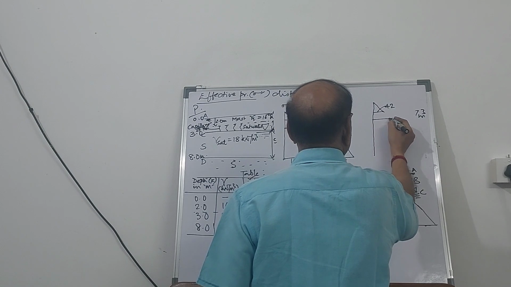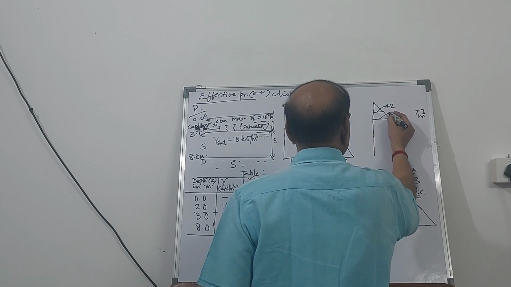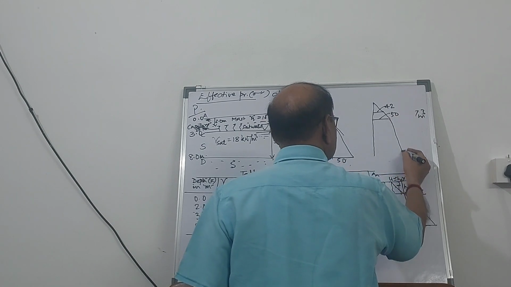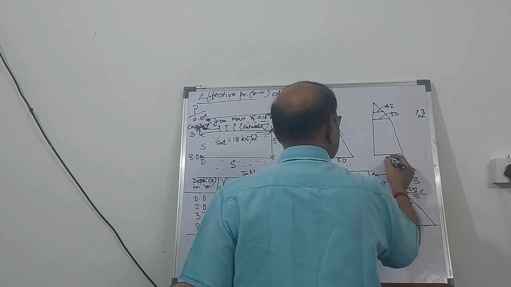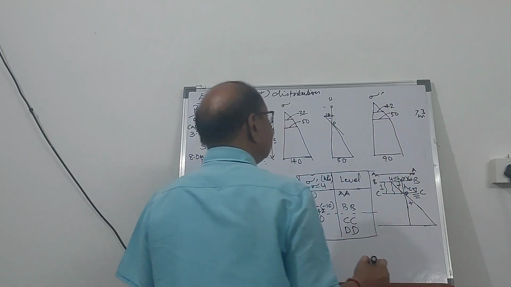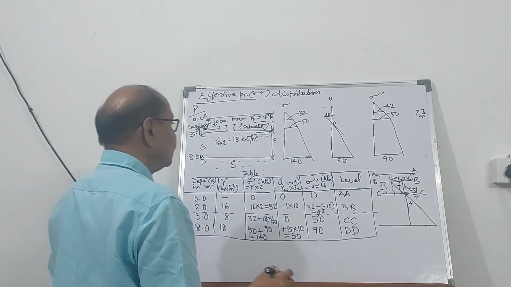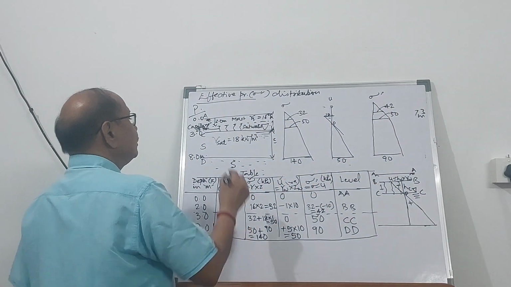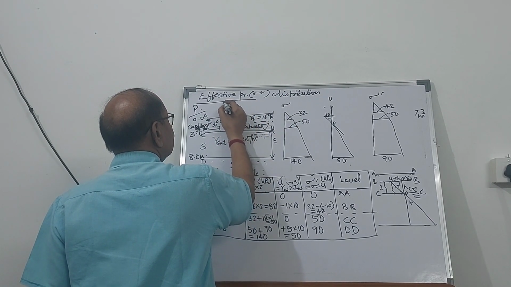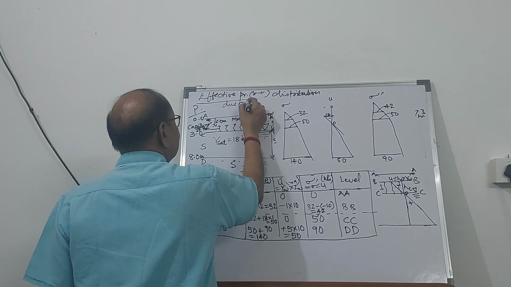So here it becomes 50. And then it becomes 90. So here it becomes 90. So this is the variation of effective pressure. So this is due to the effective pressure distribution and due to capillary rise.